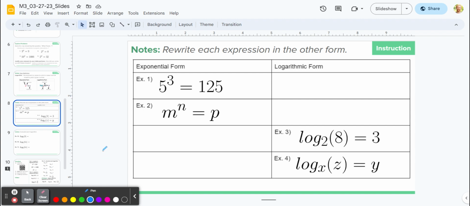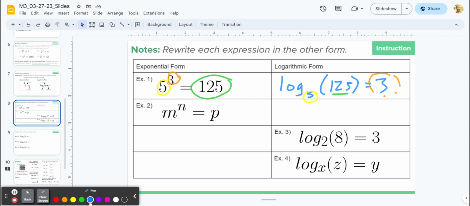If I were to rewrite that in logarithmic form, I would have log base 5 of 125 equals 3. And you can see here that our base number 5 goes down and becomes the base in our logarithm. Our argument, 125, goes inside our logarithm here. And finally, our exponent is what the logarithm is equal to.